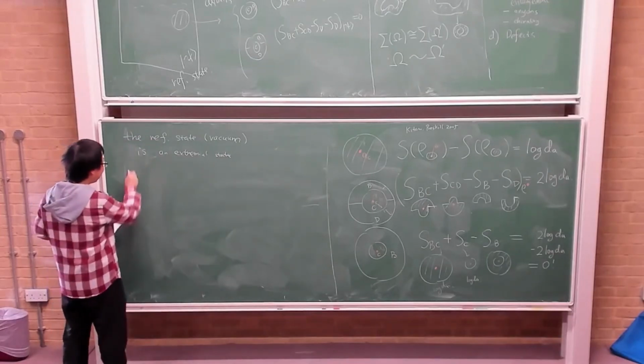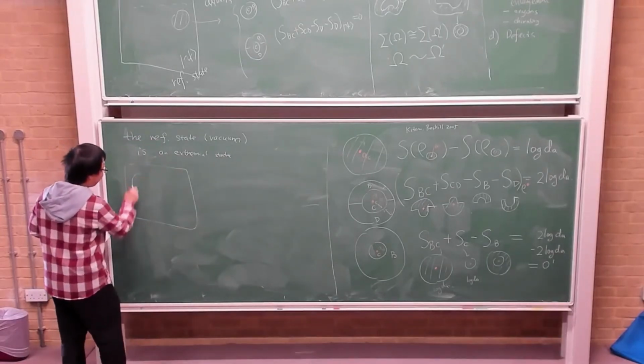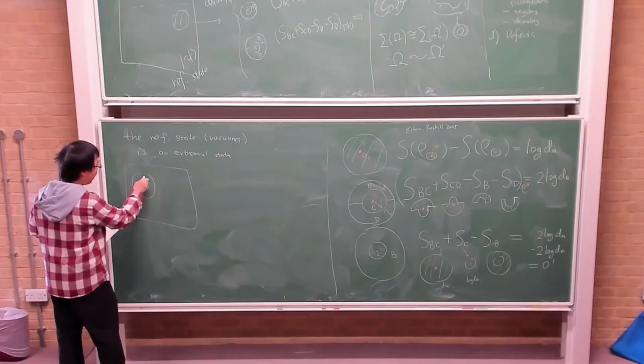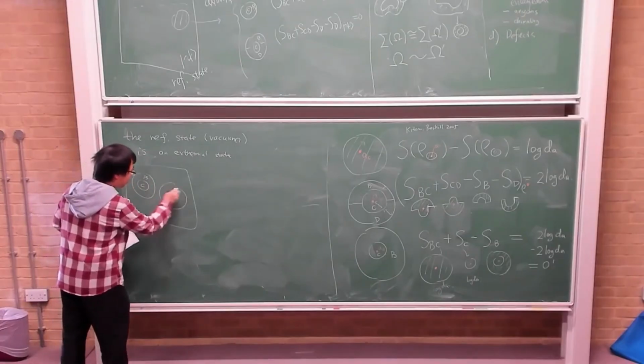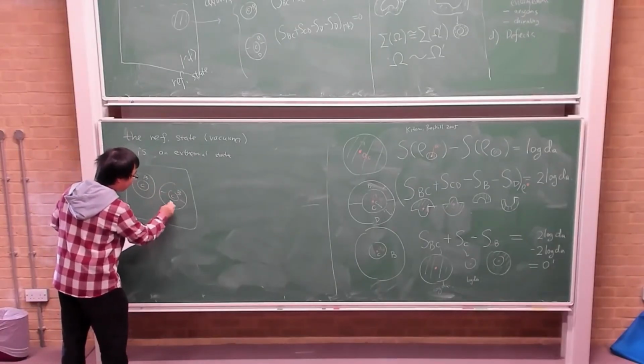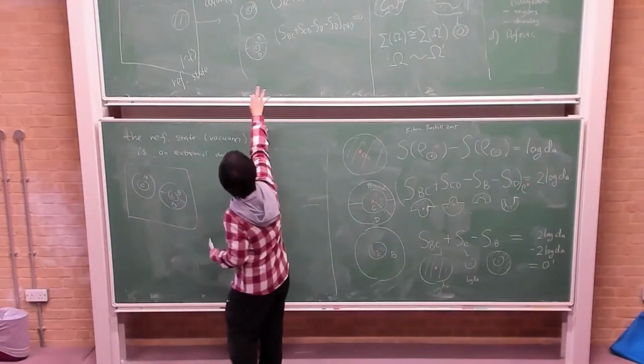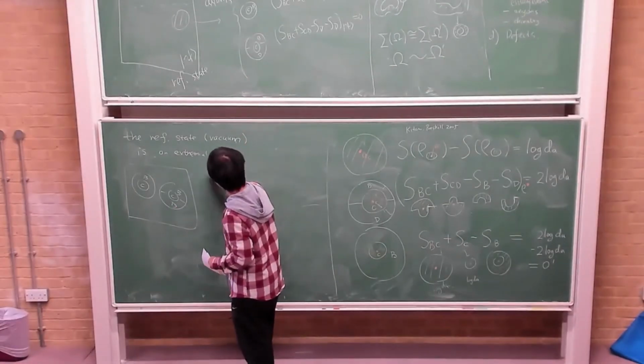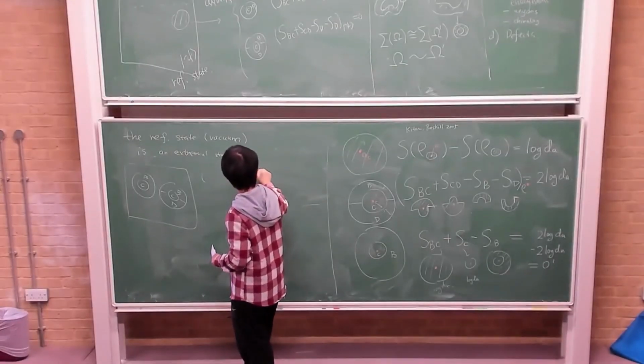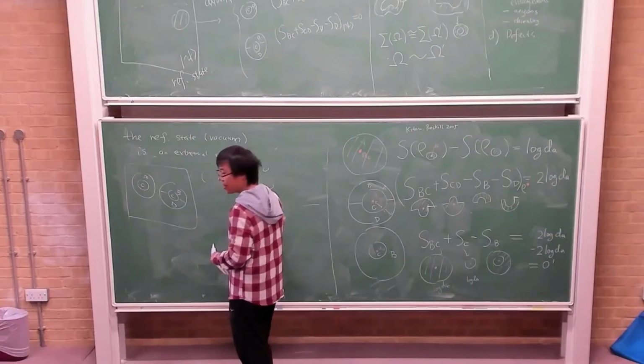So if we go back to our axioms, the two conditions on the box, B, C, and D, I told you about the two entropy conditions. On the left-hand side there's something, and I put 0 on the right-hand side.